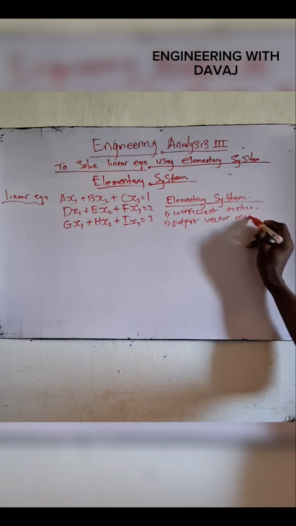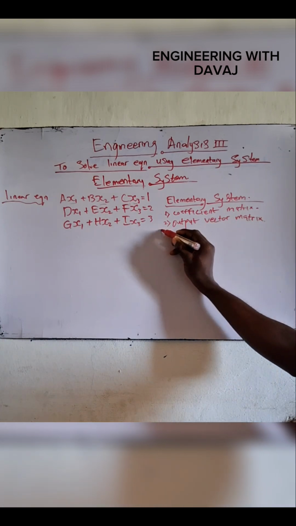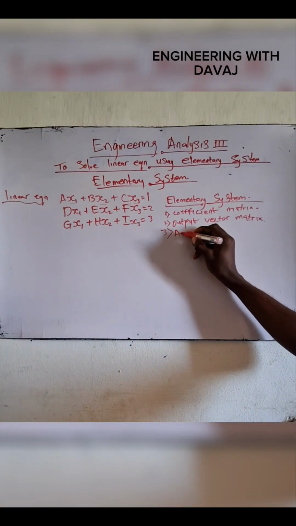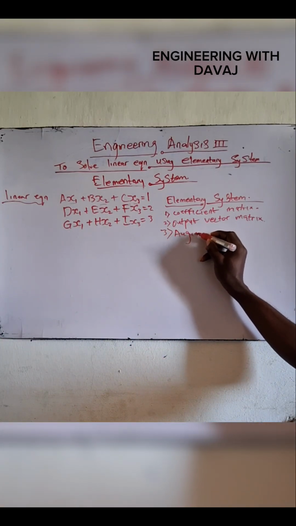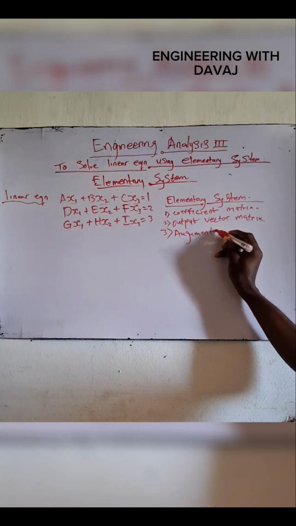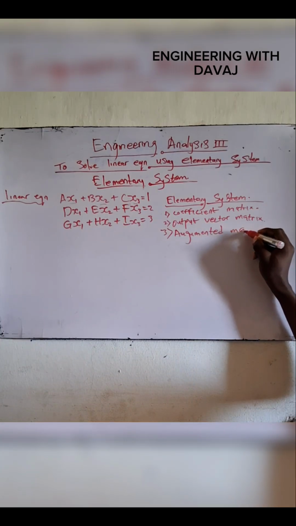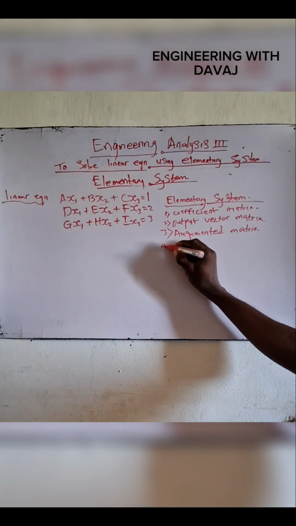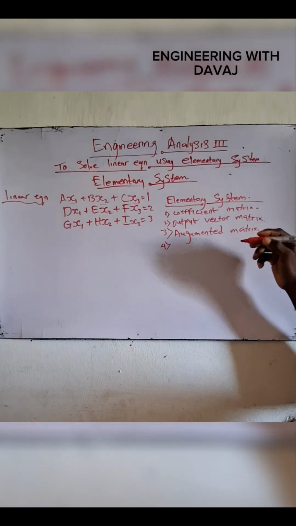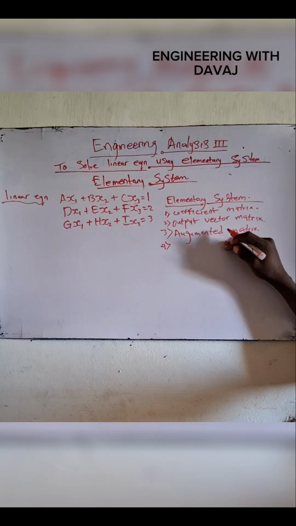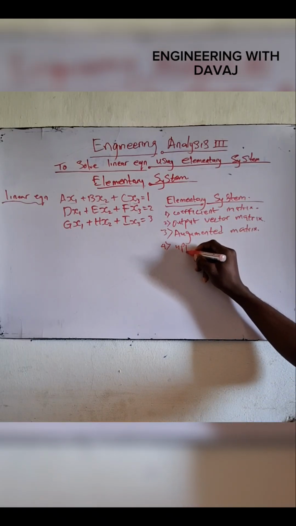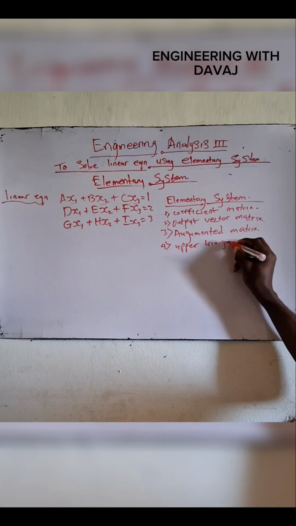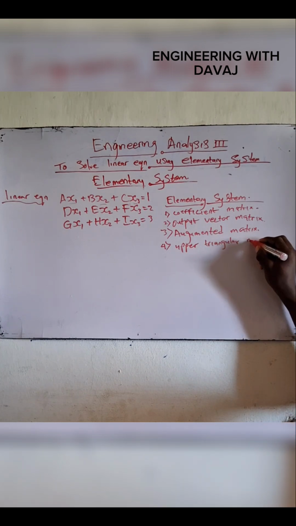The third step is writing out your augmented matrix. And the fourth step is making the augmented matrix an upper triangular matrix.